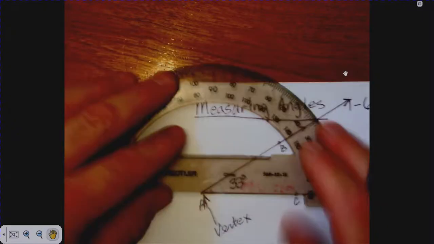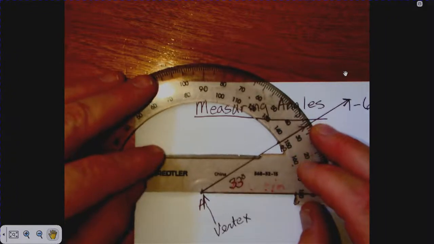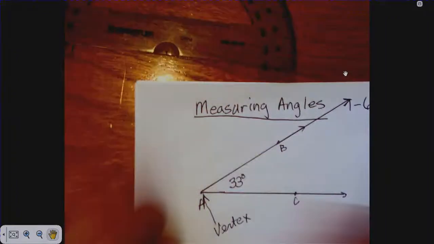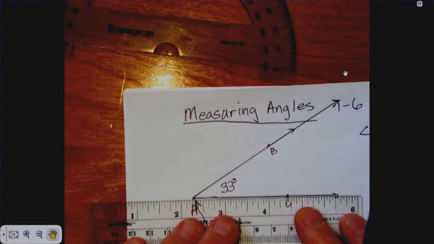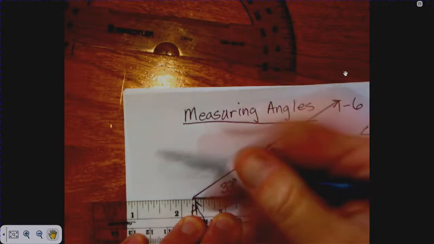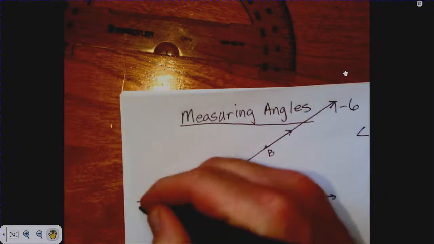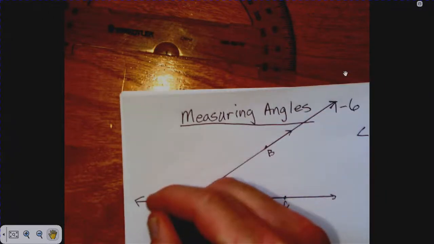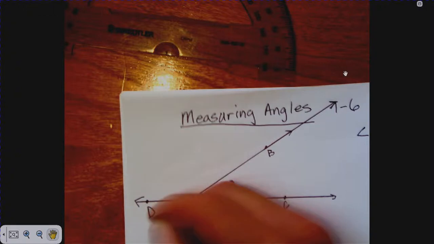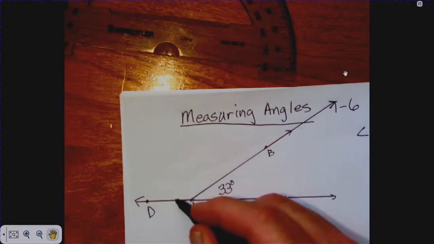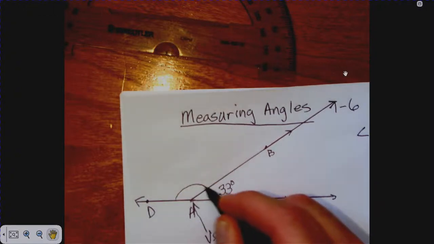Well, I'm going to measure other angles here. So I'm going to have another ray, and I'll call it AD. If I wanted to measure this angle, it would be this measure that I would be looking for.